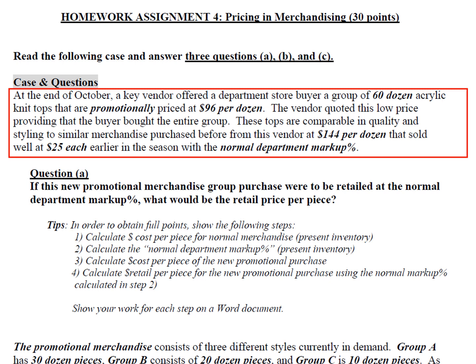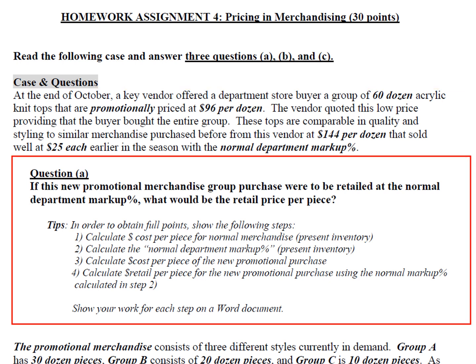So given the information about the cost, $144 per dozen, and the regular price that the buyer sold these items for, which is $25, you can calculate the markup percent the department normally applies to this type of merchandise. So you can get an idea about the normal departmental markup percent.